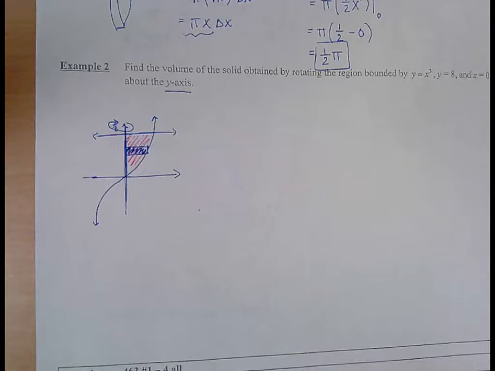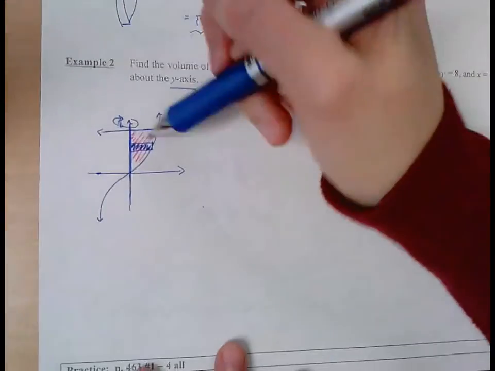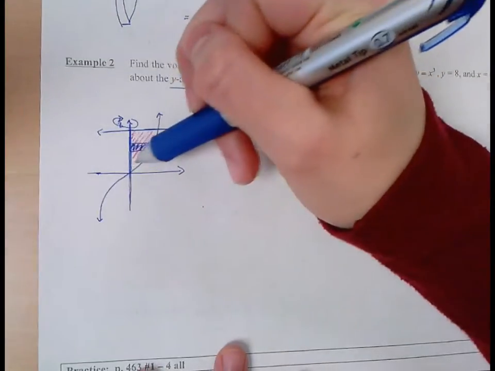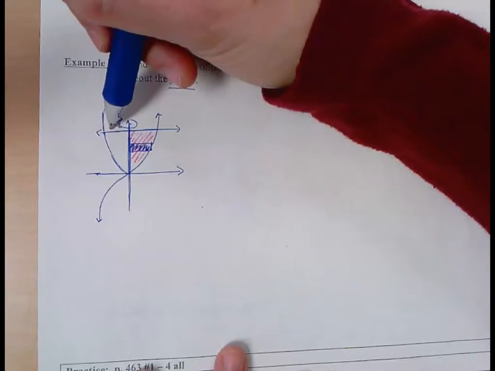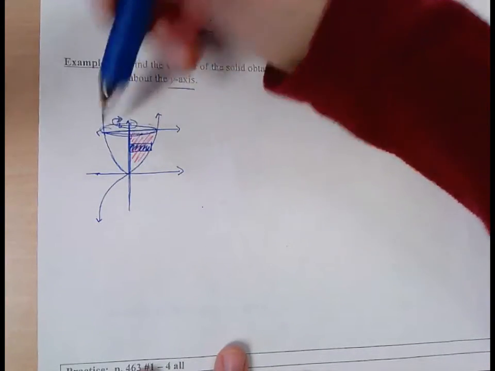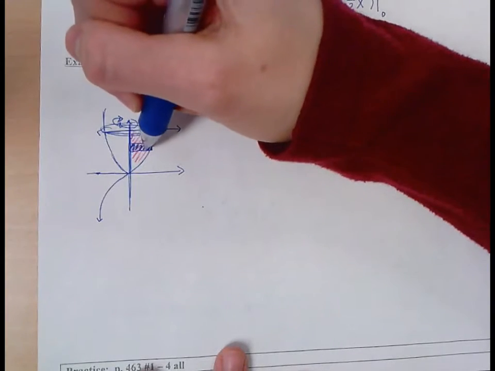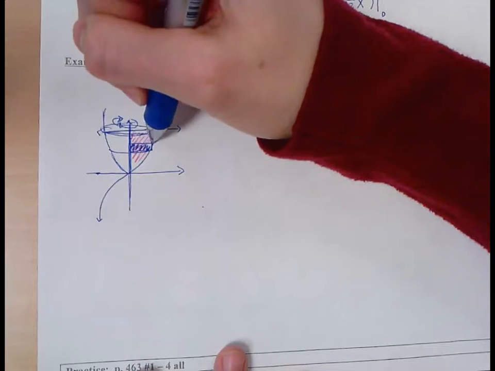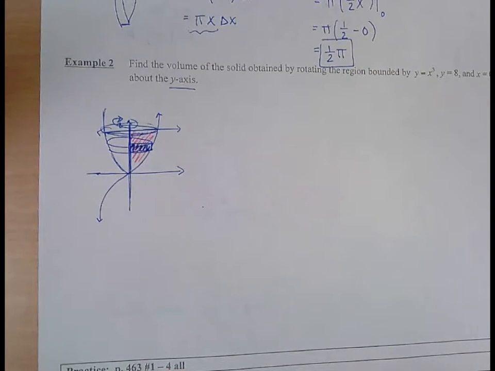So how to picture it if you were to draw this out, it's actually going to look similar to this one, just rotated, because this part is what's being rotated around, so it would kind of reflect over. You'd have a circle here. So if you rotated that rectangle, you'll still get a disc. It'll just be horizontal.